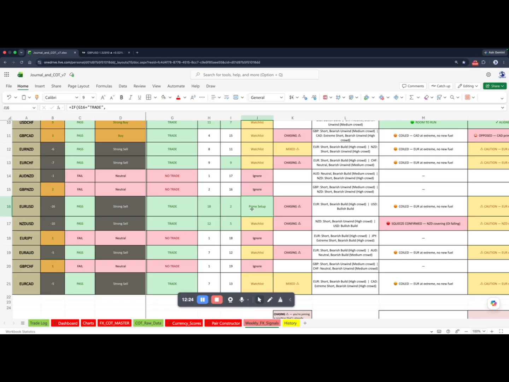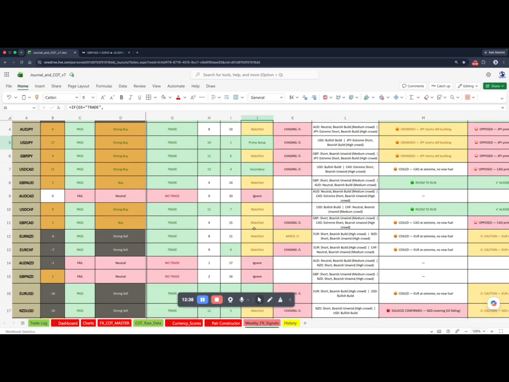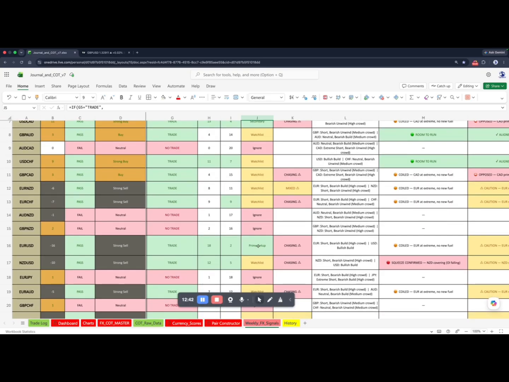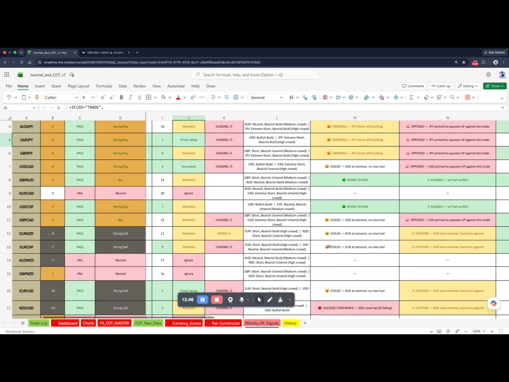So this supersedes that. We could also look at US dollar Japan, and then we can look at the secondary. So these are the ones we pay attention to the most. We simply don't neglect these, but we want to make these our priority for the potential setups this week. Okay, so that's step 2.